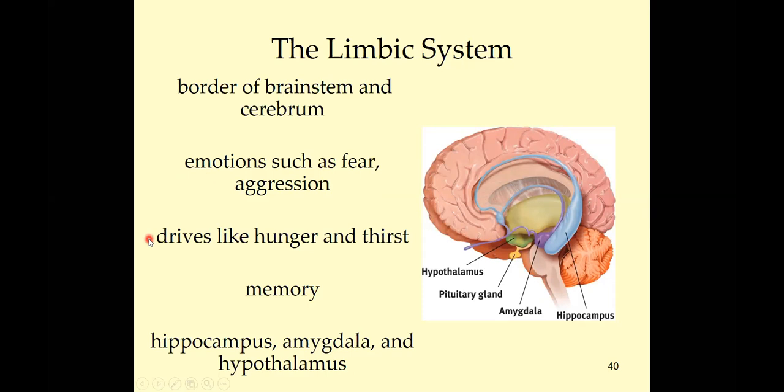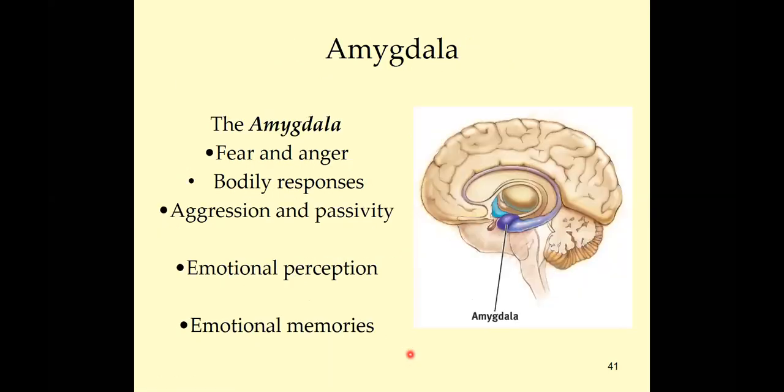It also accounts for drives like hunger and thirst, and is involved with memory. So we'll be looking at three structures here of numerous ones: the hippocampus, amygdala, hypothalamus, looking at one at a time. So first of all, the amygdala.